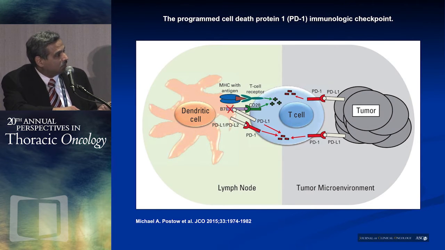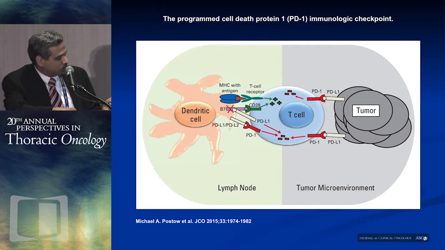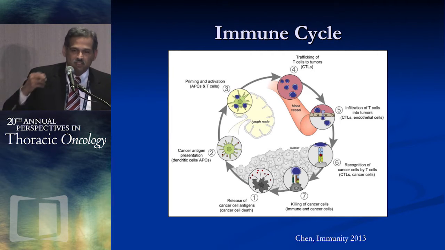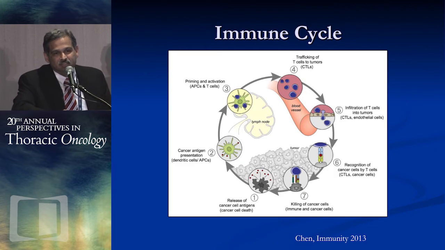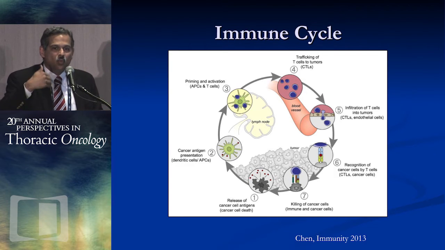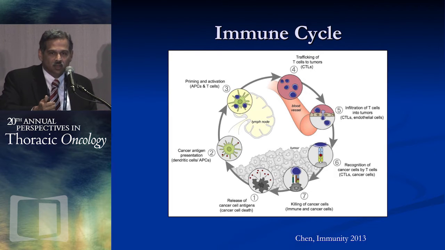So coming to the anti-PD-1 drugs that are in use now, this is mainly at the level, as I mentioned, of the tumor microenvironment. I know I'm repeating myself about this, but about 3 years ago I had absolutely no knowledge of immunology. I don't know if I still know immunology. But it helps me to go over this immune cycle to truly understand how these drugs differ and why one would consider combinations.